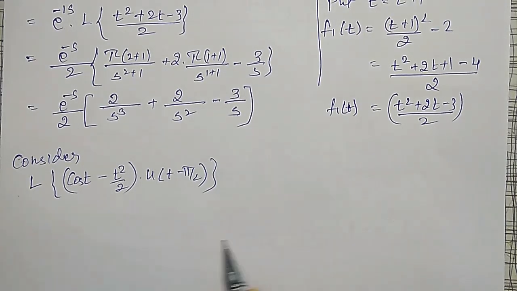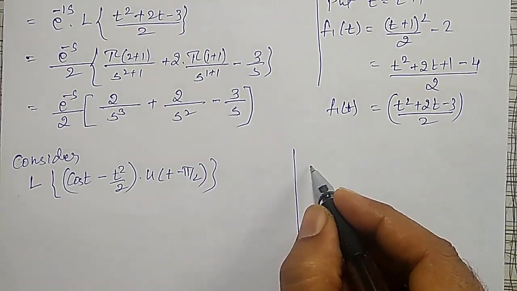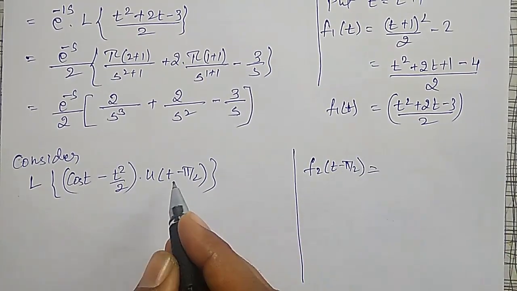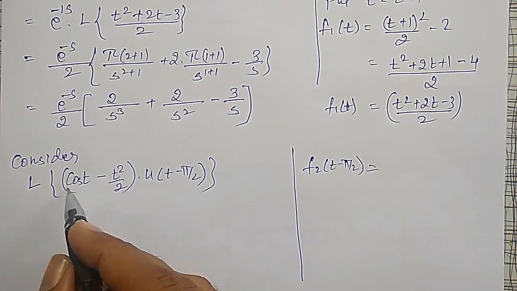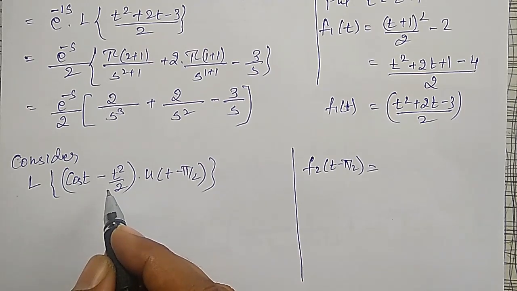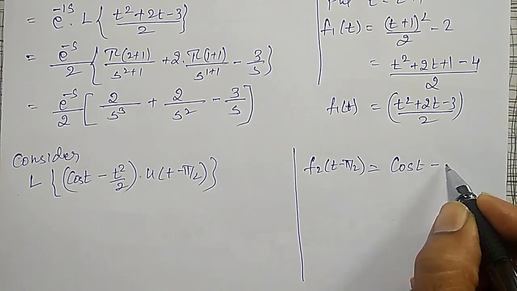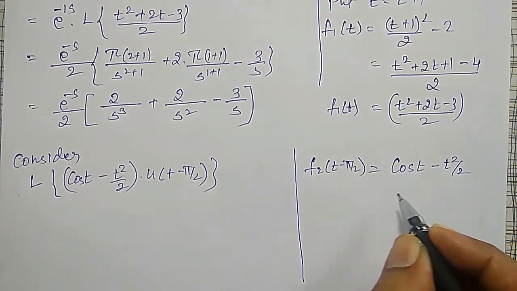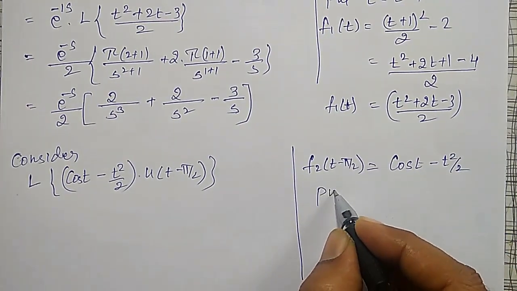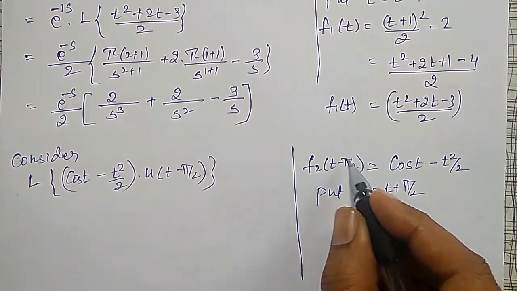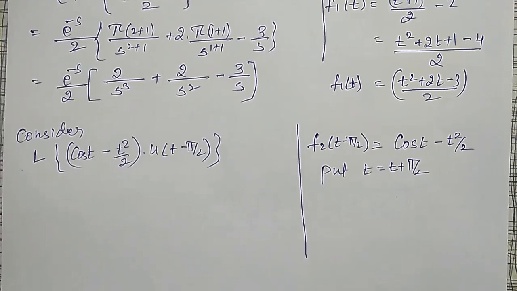To find out its Laplace transform, here f2 of t minus pi by 2 is given, therefore f2 of t minus pi by 2 equals cos t minus t square divided by 2. Here let me put t equal to t plus pi by 2 so that I can get f2 of t.